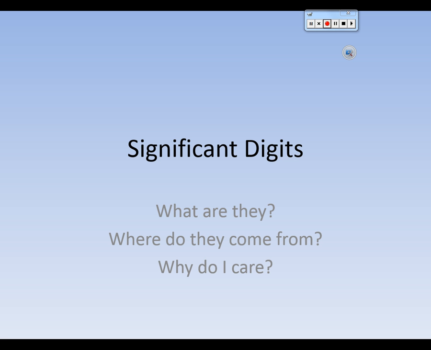And the uncertain digit is an estimated guess of where it is in between the two lines. Both of those parts make up your measurement. Even though one is certain and one is uncertain, they are both important parts of the measurement. Therefore, together, they are both considered the significant digits in your measurement.